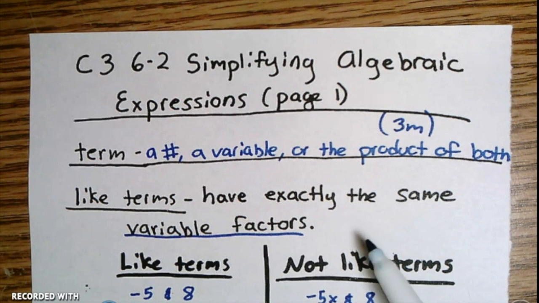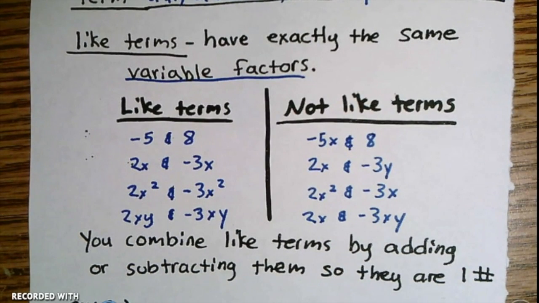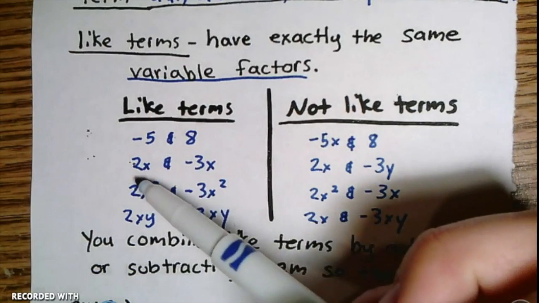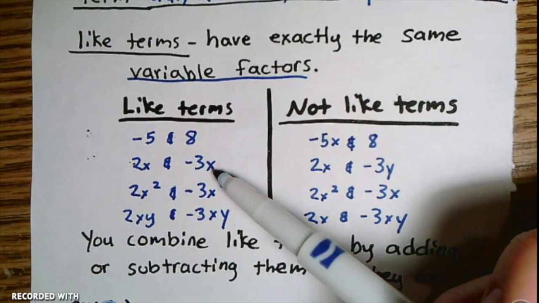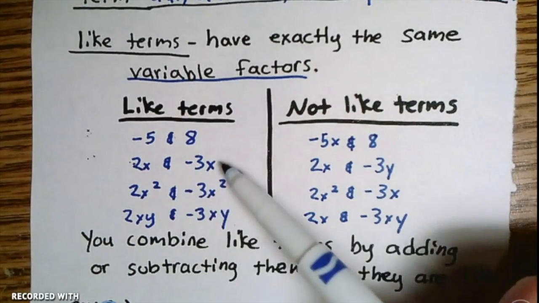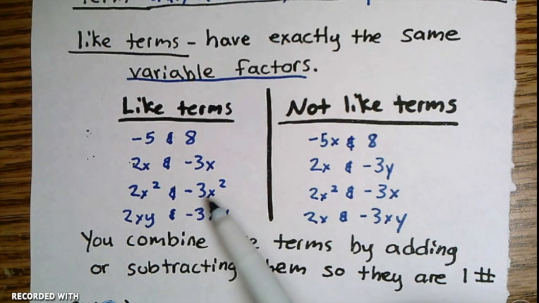Like terms have exactly the same variable factors. So what we mean by that is what the variable looks like. So here's some examples of like terms. -5 and 8 are like terms. They're both just numbers. 2x and -3x are like terms, even though their numbers are different, they both have just an x attached to them. 2x squared and -3x squared are like terms because they both have an x squared attached to them.